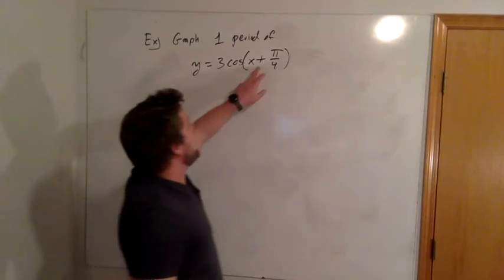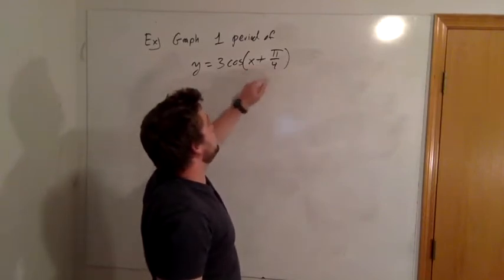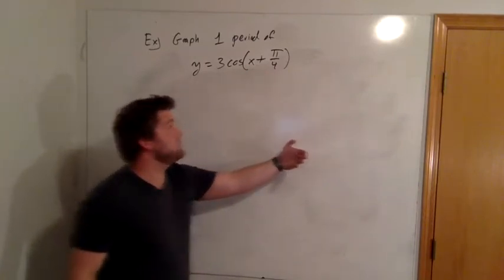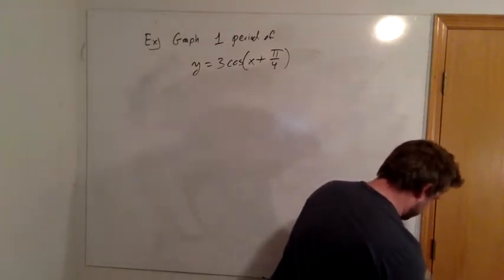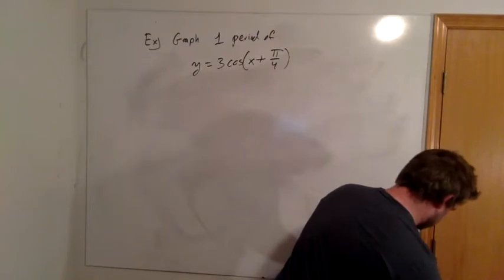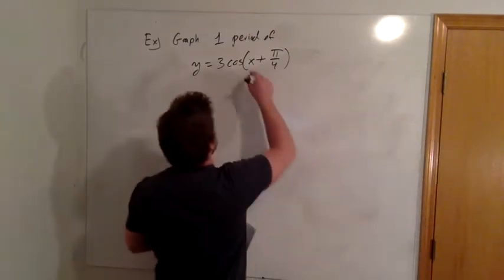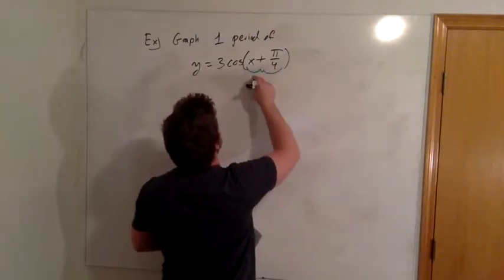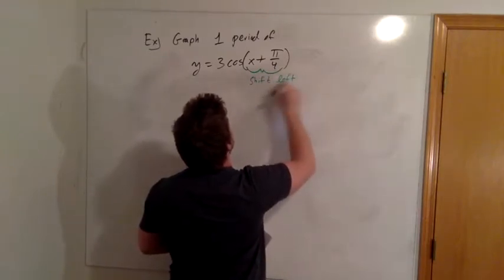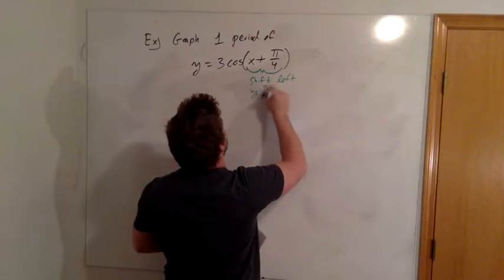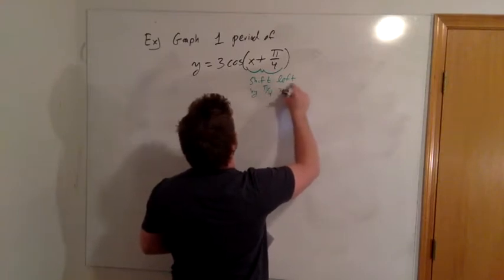Notice here that I'm adding pi over 4 to the input, so I'm shifting my cosine graph to the left by pi over 4 units. Let's write that down. This is a shift left by pi over 4 units.